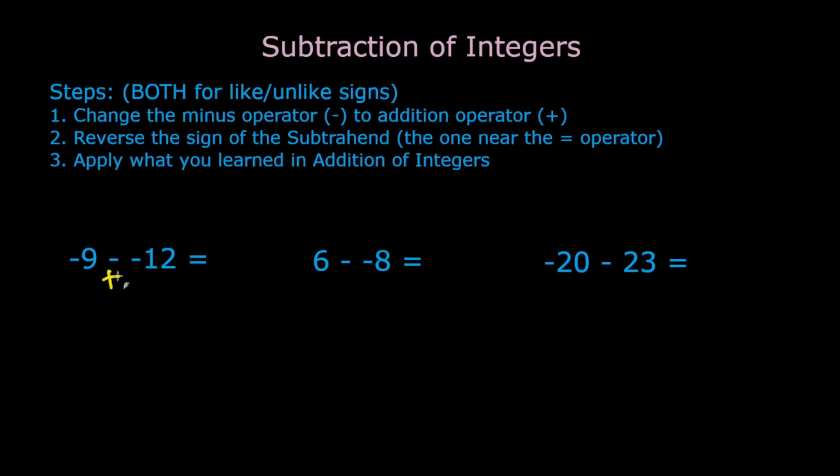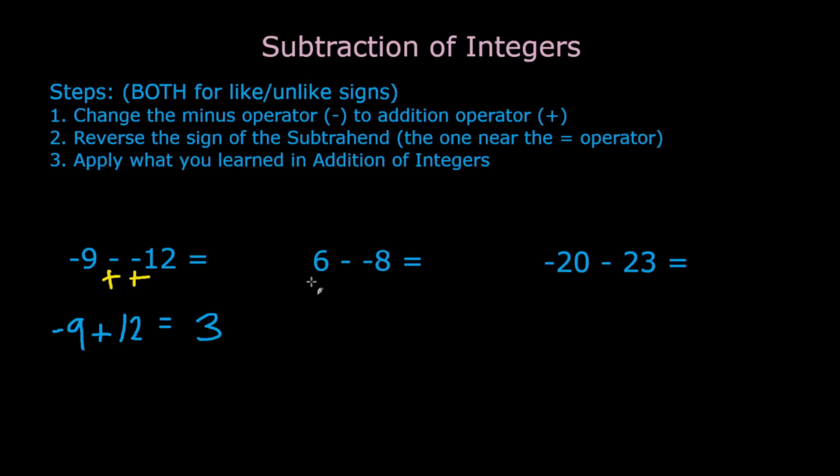Ito yon, magiging siyang positive. And then, rewrite ulit natin, no? Bring down negative 9. And then, from subtraction, magiging na siyang addition. And then, from negative sign, naging na siyang positive. And then, apply what you learned in addition of integers. So, negative 9 plus 12 is just equal to 3.